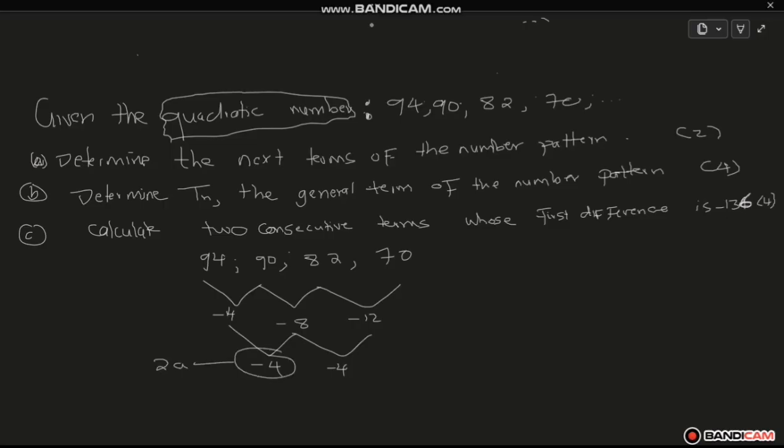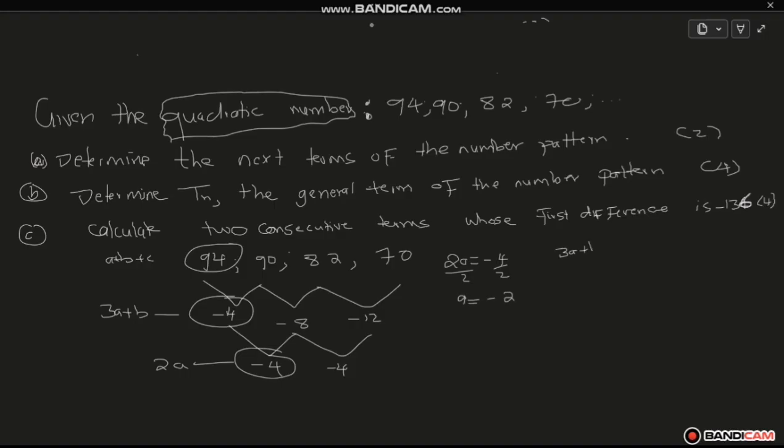And you know that this is equal to 2a, then negative 4 equals 3a plus b, as I've actually done there, but in a short time because we do not have time. This is a plus b plus c equals 94. Therefore, 2a equal to negative 4. You solve for a by dividing both sides by 2. Then you're going to have a equal to negative 2.